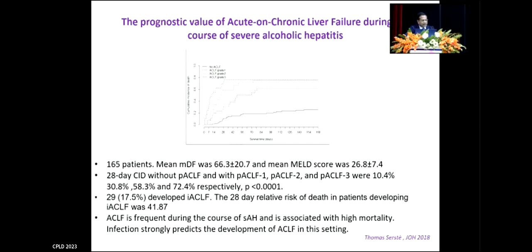The 28-day in-hospital death without ACLF and with ACLF 1, 2, 3 were significantly different. So patients without ACLF had 10% mortality, and those with ACLF 1, 2, 3 had 30, 58, and 72% mortality. 17.5% developed incidental ACLF during the course of alcoholic hepatitis, and their 28-day relative risk of death was 41.8.